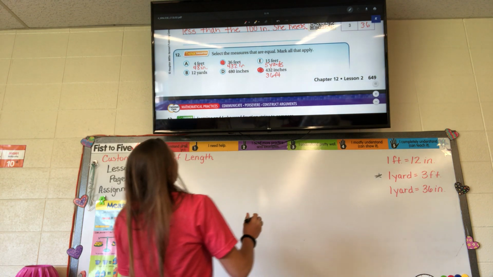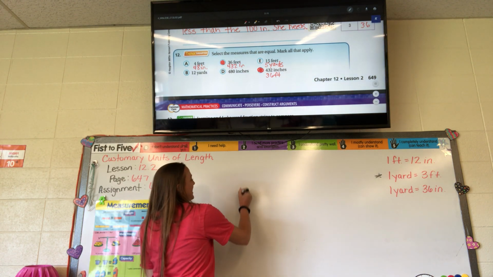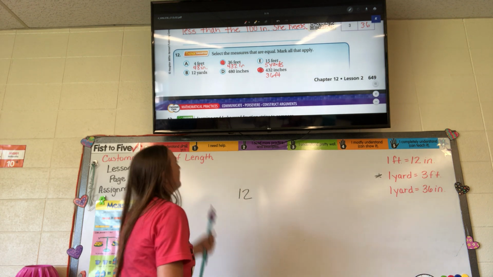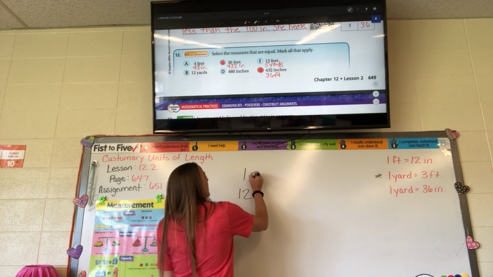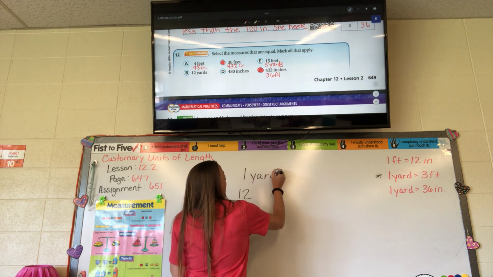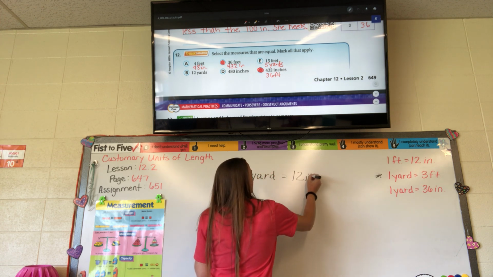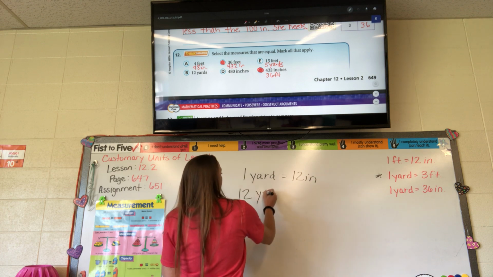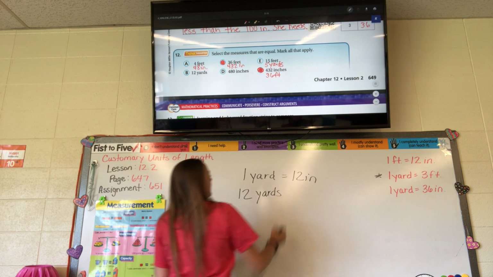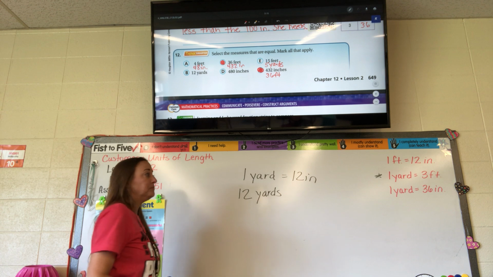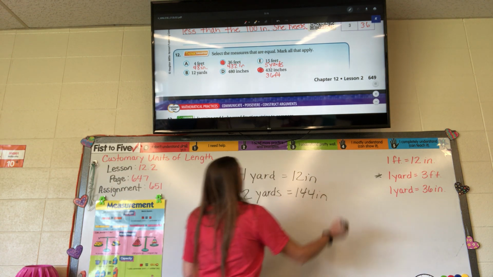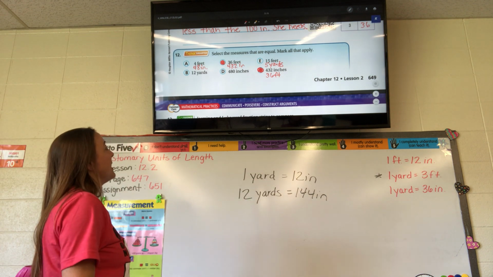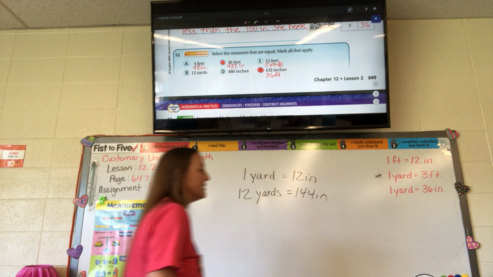All right, so we are in 12 yards, and we are trying to figure out how many inches would be in 12 yards. So if we have 1 yard, that is 12 inches. If we have 12 yards, that is 12 times 12. That's 144 inches. Nope, we don't have that. My goodness.